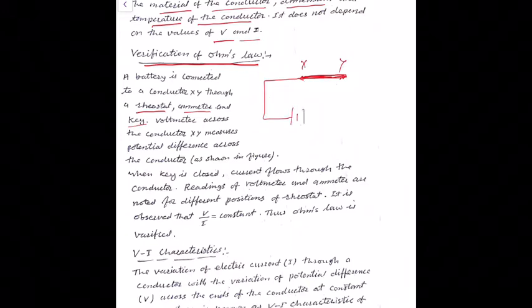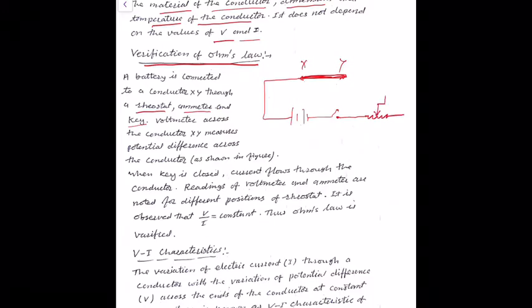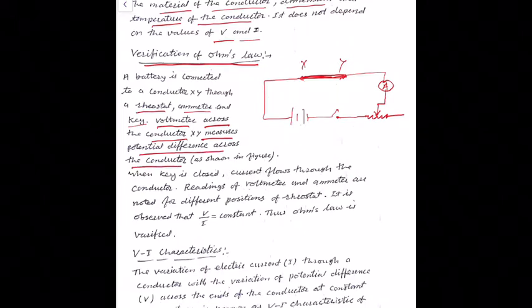It is the battery, it is the key, it is the rheostat, it is the ammeter. A voltmeter across the conductor XY measures the potential difference across the conductor.